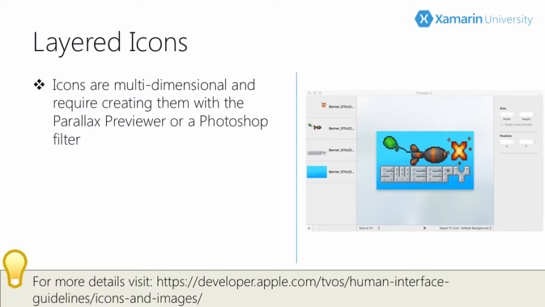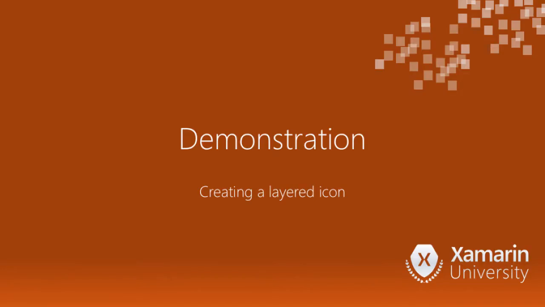Layered icons are really just a series of images that are presented on multiple layers to create a parallax effect on the icon on the TVs. And constructing these layered icons is done either using the Parallax Preview tool or a particular Photoshop filter available from Apple. And these create the images from the layers, and both the Parallax Preview and the Photoshop filter are available from the Apple Developer Download page, and you can find a link to the tools at the bottom of the slide. So let's take a quick look at creating a layered icon.